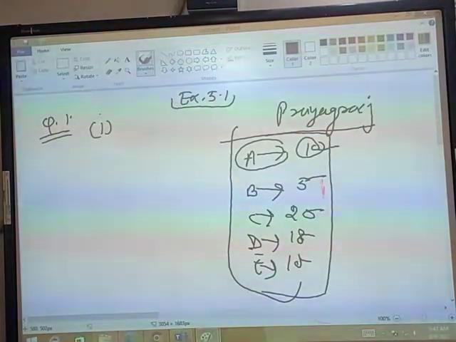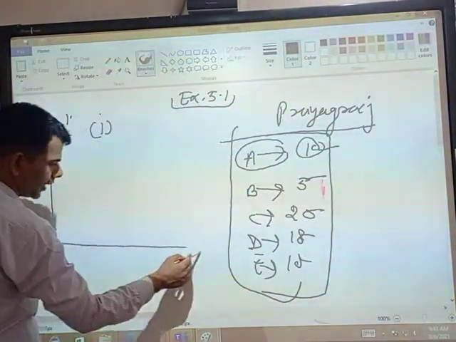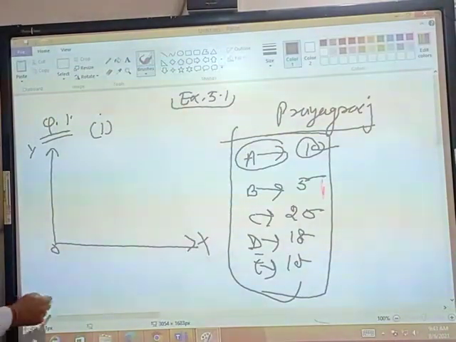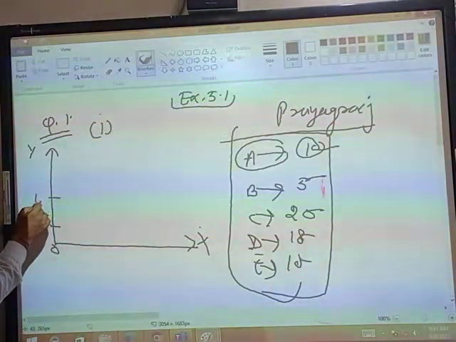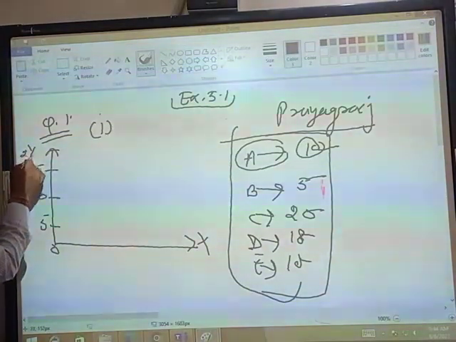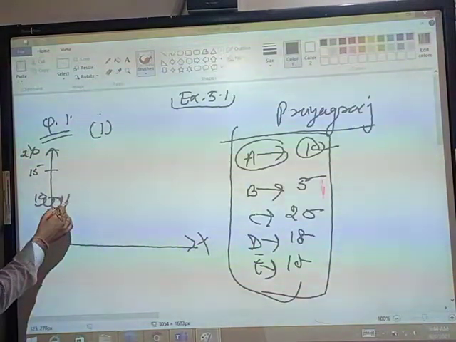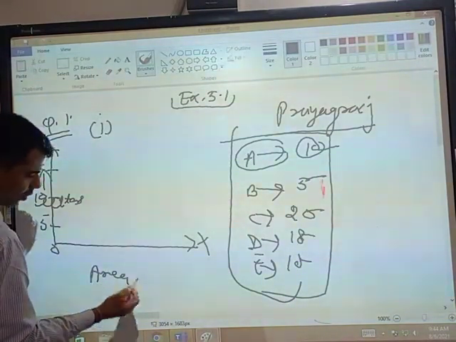Listen students, you have the x axis and the y axis, meeting at the origin. Here are 5, 10, 15 and so on. This is the number of letters, and this is the area location.